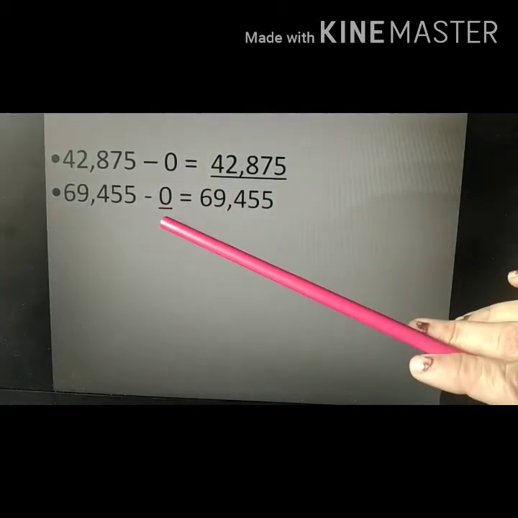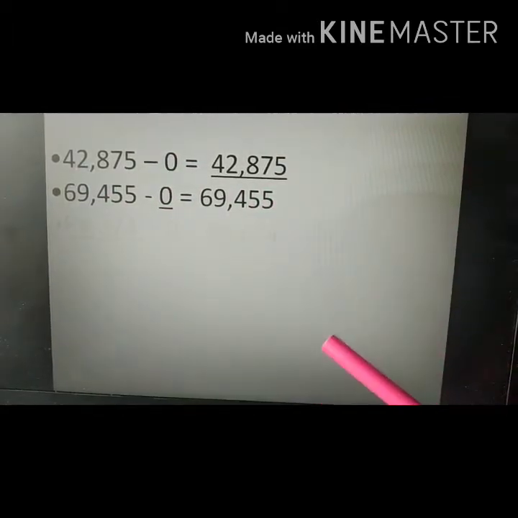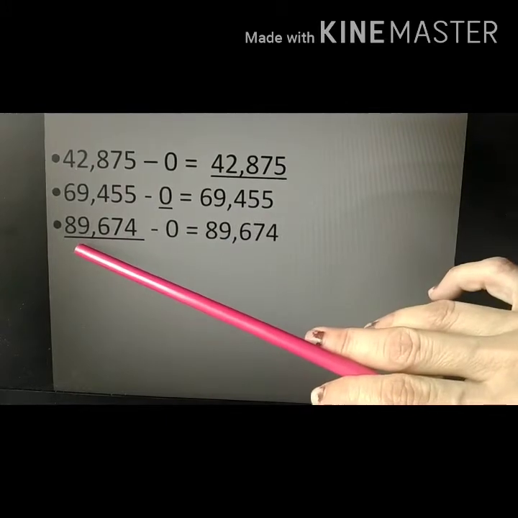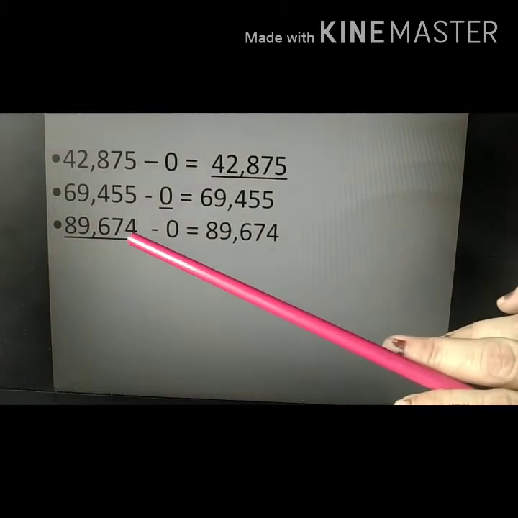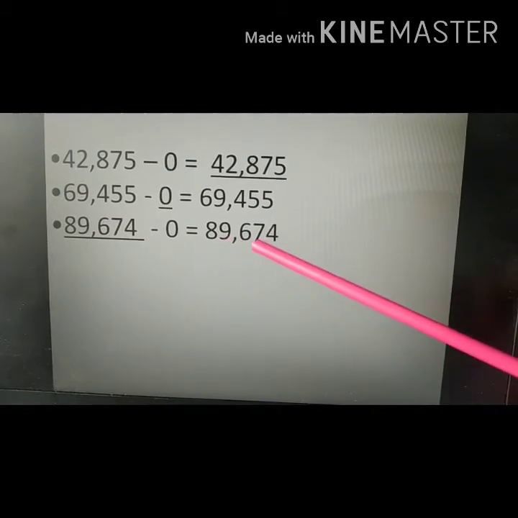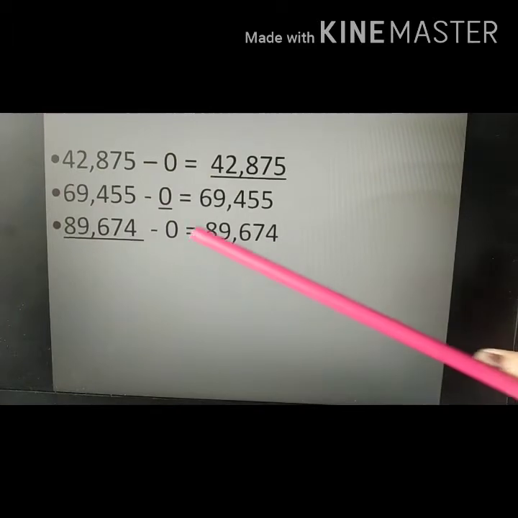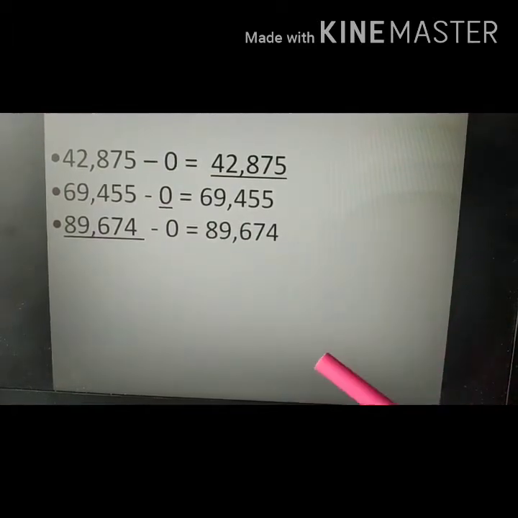Yes, we subtract the 0 from this number to get the same number. Next is 89,674 minus 0 is equal to 89,674. As we subtract 0 from the number, we get the same number.